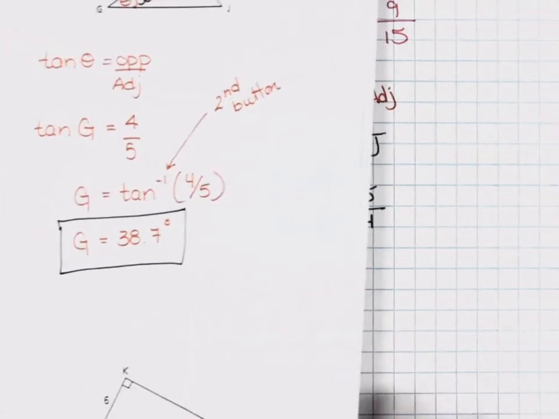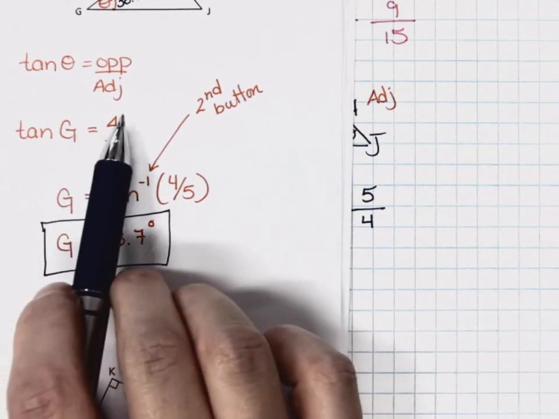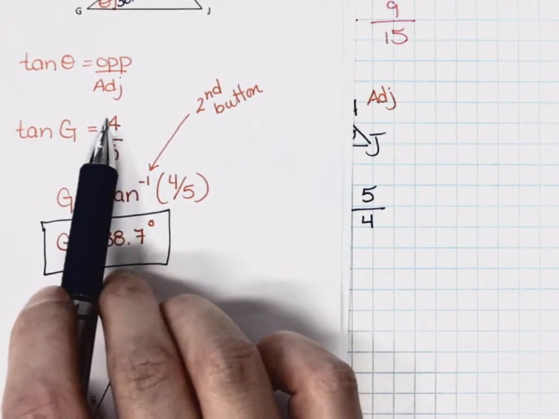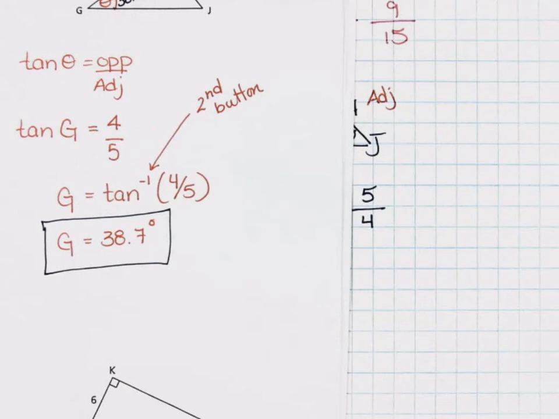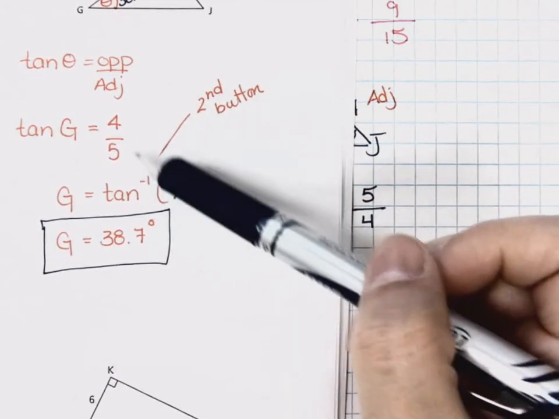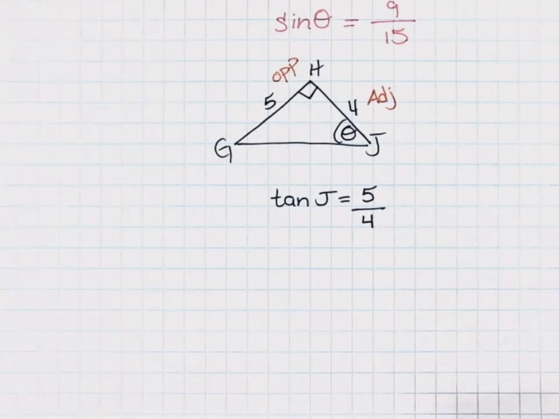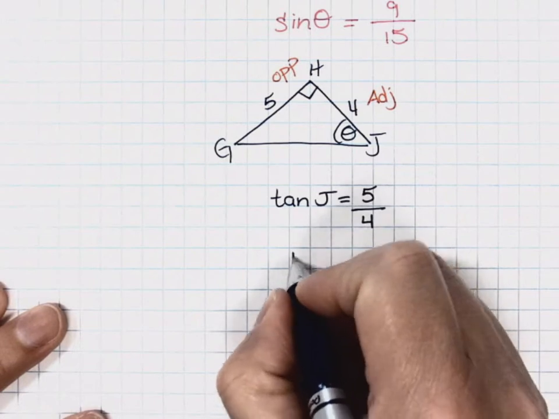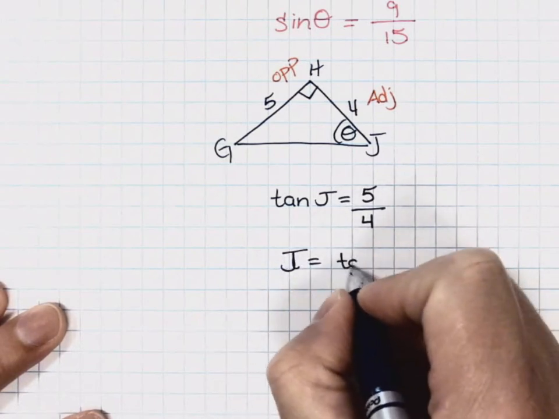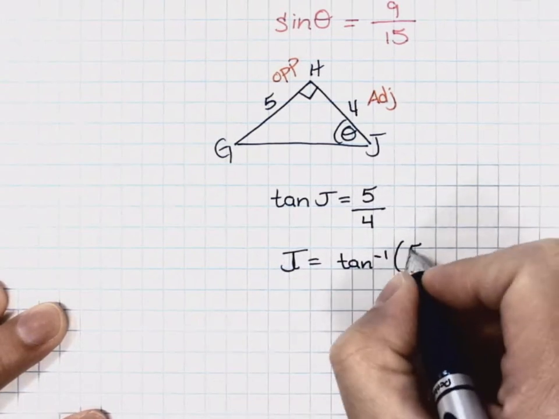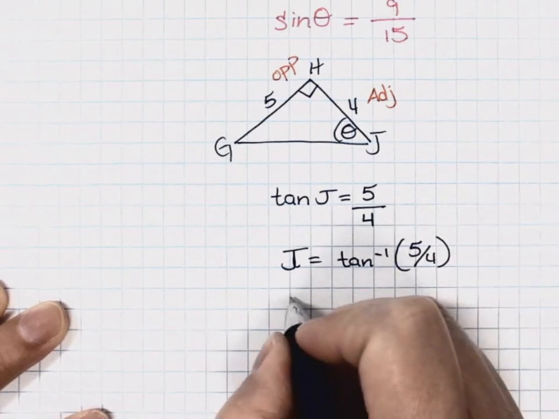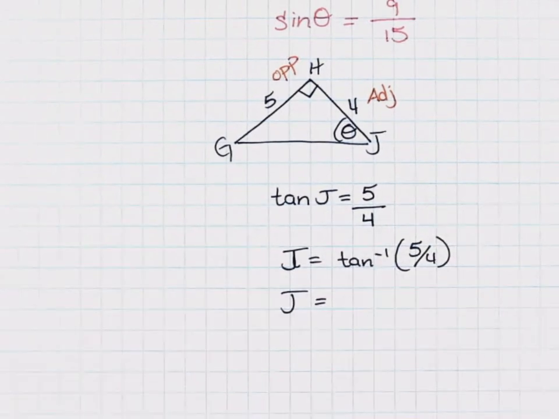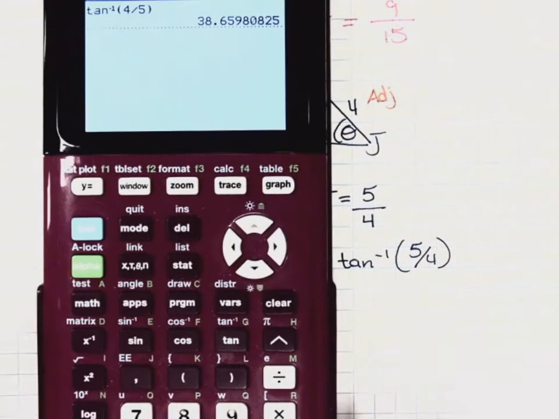If you remember, tan of angle G was the reciprocal of that. Reciprocal just means when you flip a fraction upside down. That's the fancy word we use for flipping it upside down. So I'm going to do J is equal to tan^-1 of 5 over 4. I'm going to use my handy dandy calculator.